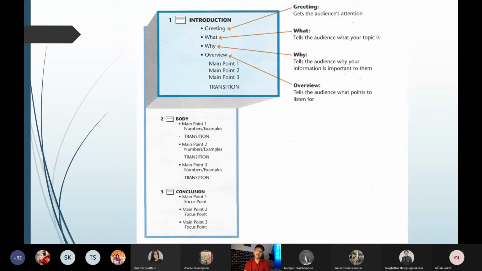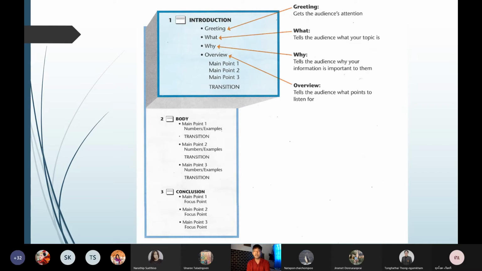So on the right, you can see on top, greeting gets the audience attention. What tells the audience what your topic is. Why tells the audience why your information is important to them. And the overview tells the audience what points to listen for. So basically, this is the structure of the introduction.